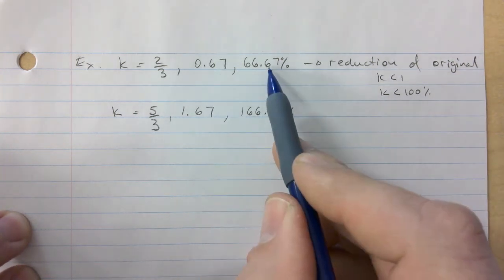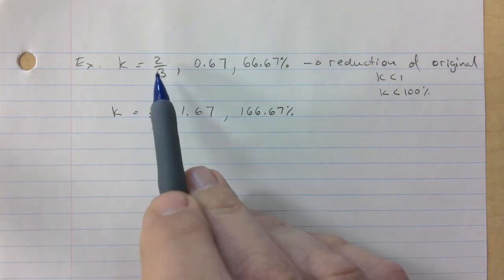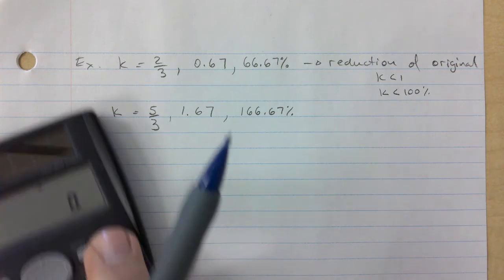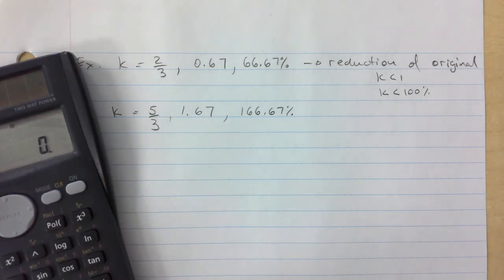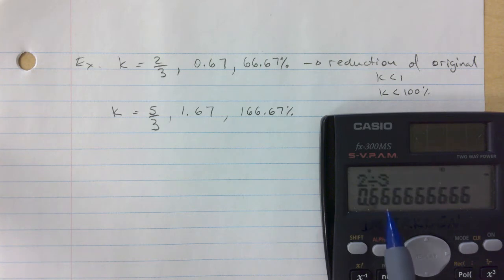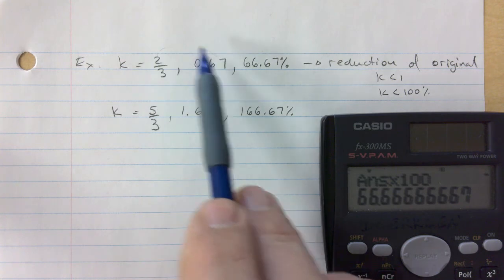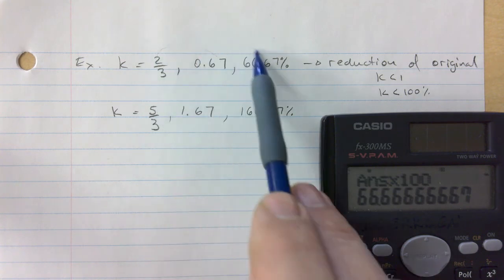That would be incorrect rounding because you always go back to the fraction, right? Like, for example, if I go 2 divided by 3, that is 0.67 as a decimal, but if you multiply that by 100, it's 66.67%. So it's kind of like we go from here to the decimal and then we go back to the fraction to get our percentage.